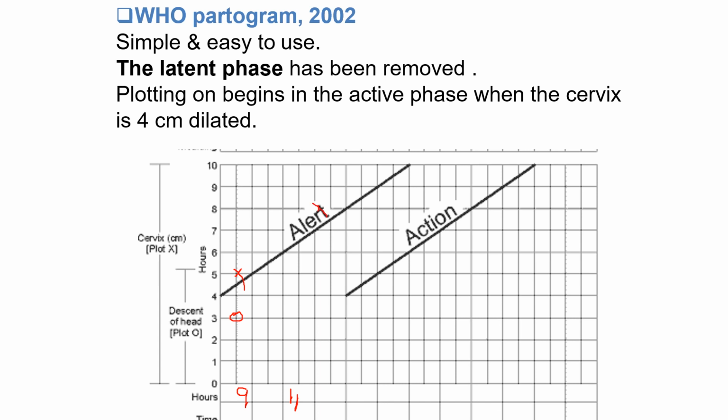And these two things you have to connect together. Okay. And here at 11 o'clock, assume you got plus 4 as the station. Okay, this is the station. And these two things also you have to connect together. So this is a way of plotting dilatation and descent of the head.